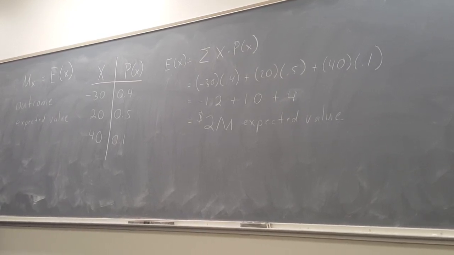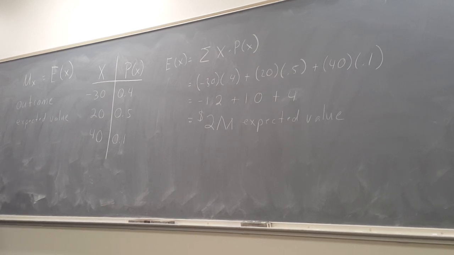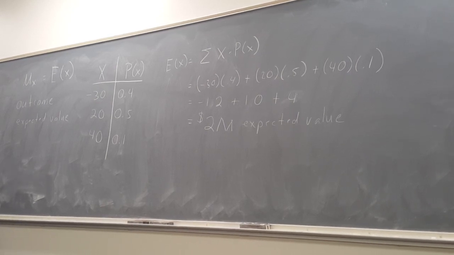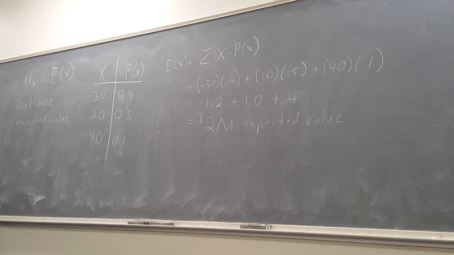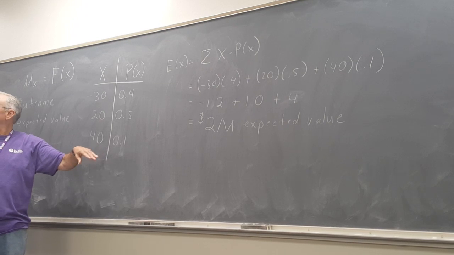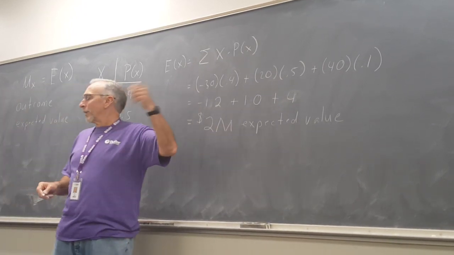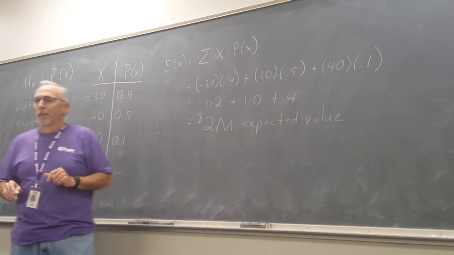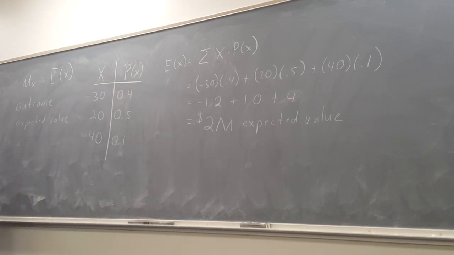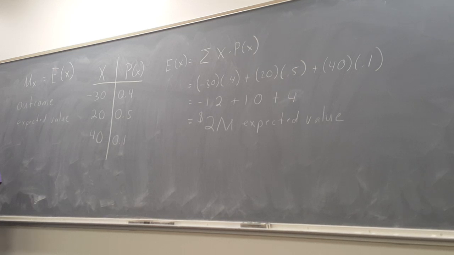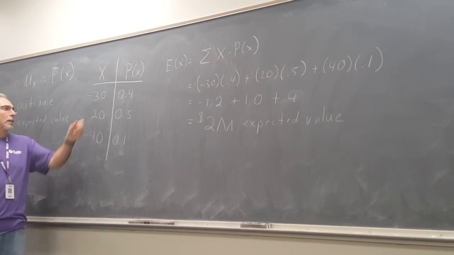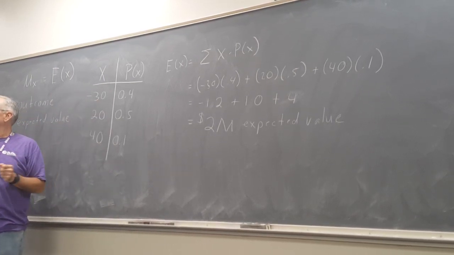What this really says is, if you go into a venture, you either make money or lose money. But if I keep going into the same venture with the same distribution, time after time, in the long run, you'll come up $2 million ahead. I'm very conservative, so I probably wouldn't do this. Let's pretend the first time I lost $30 million.